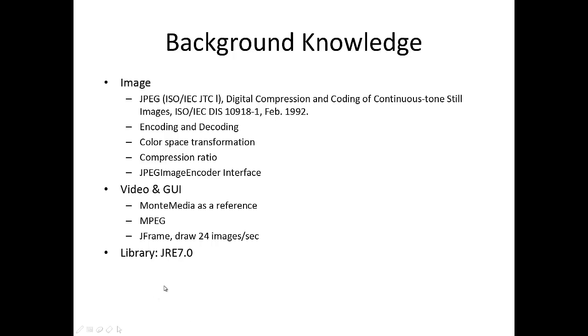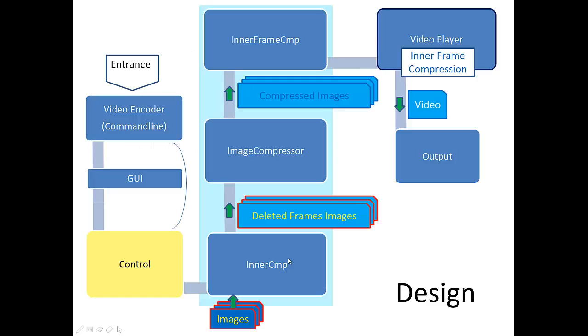We chose JFrame, and what we do to play video is to draw 24 or more images per second, so that what you see on the screen seems like a video. And the library we use for this project is all contained in JRE 7.